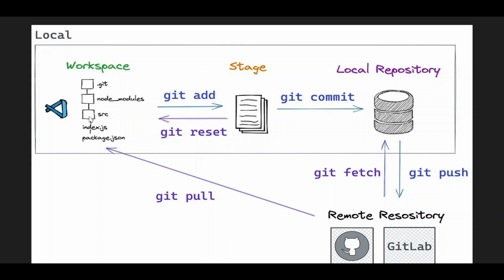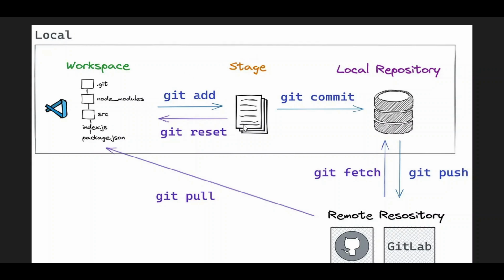For that we run a few commands. We do this development in VS Code or any other tool. For example, we are doing this operation in VS Code. Then we run the git add command, for whatever changes we have done, and only the changes that we want to push to the remote repository. First of all, we do git add and choose the files that we want to put into staging.